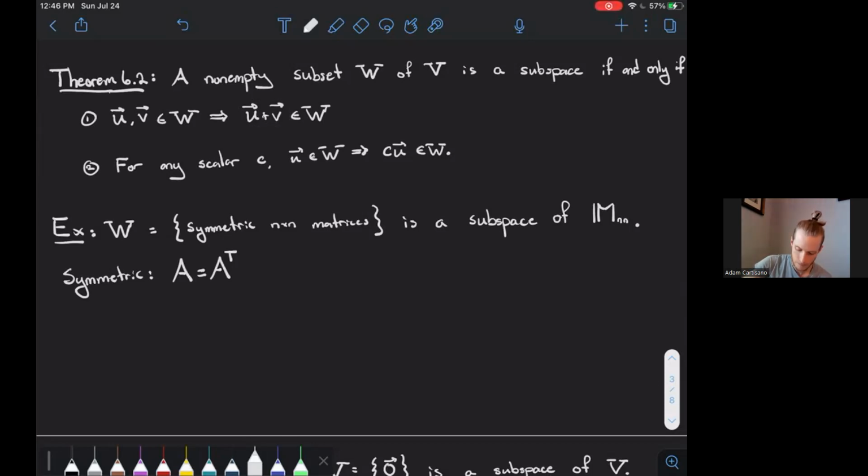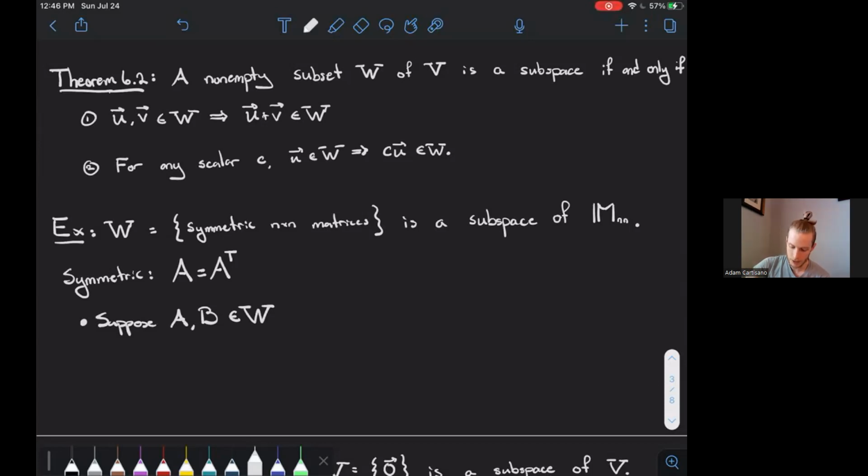Suppose A and B are n by n symmetric matrices. That is, A transpose equals A and B transpose equals B. What I need to do is show that this is a subspace of W. Okay?